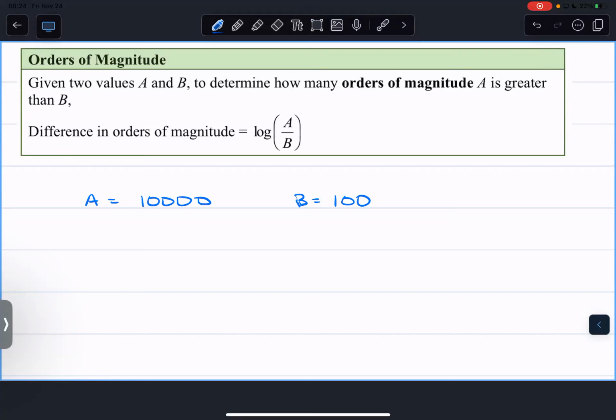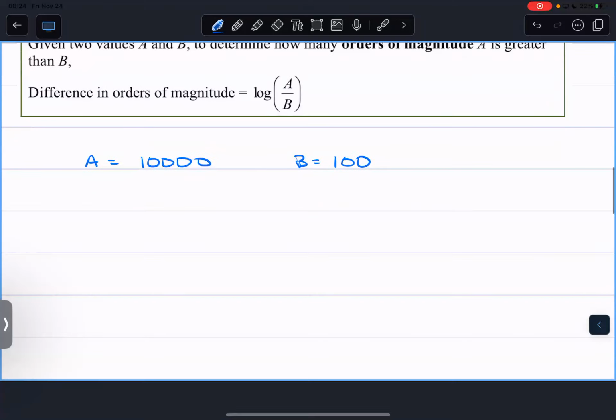Then we could rewrite 10,000 as 10 to the power of 1, 2, 3, 4. 10 to the power of 4. And B is going to be 10 to the power of 2.